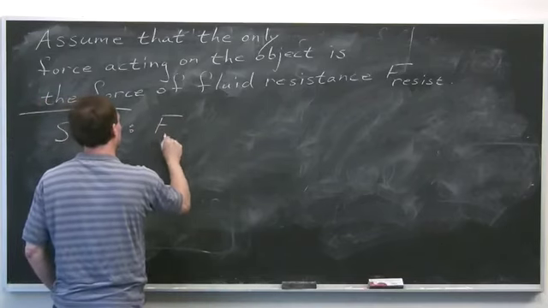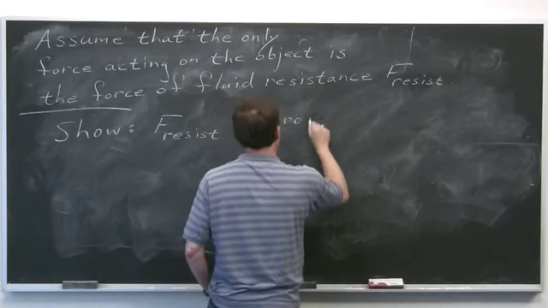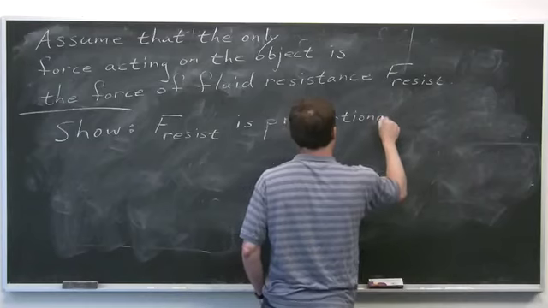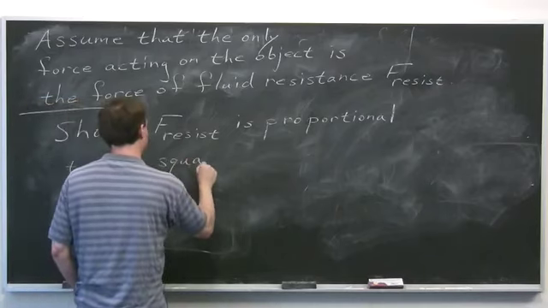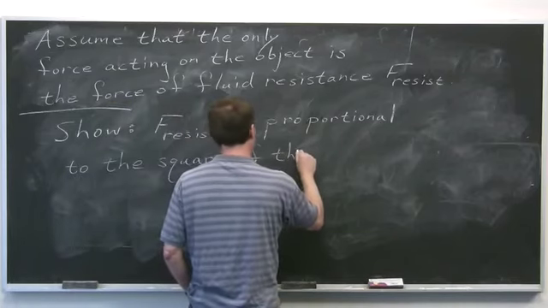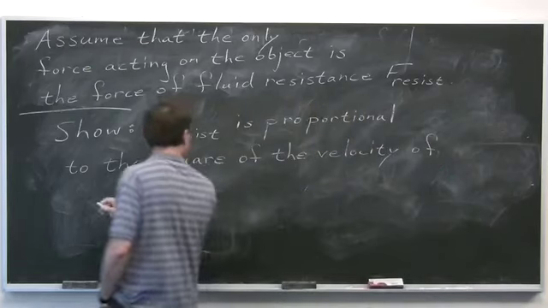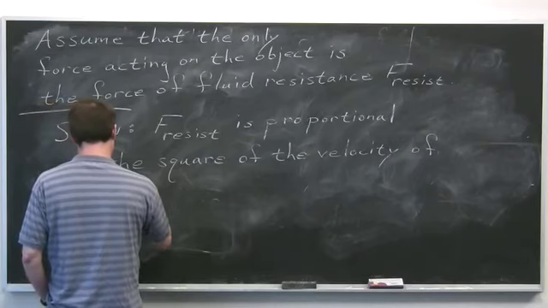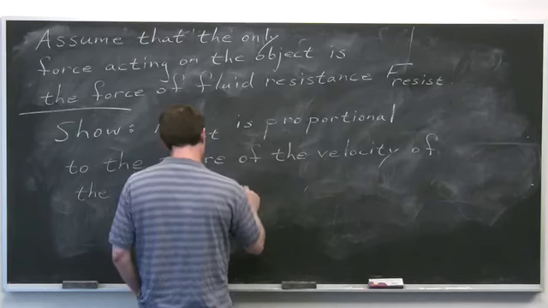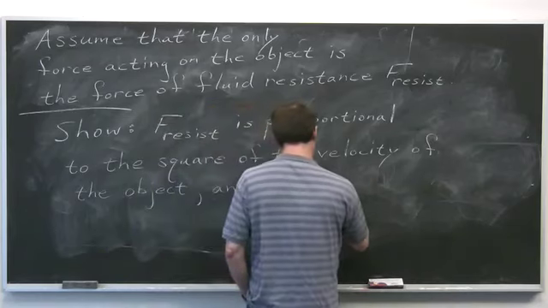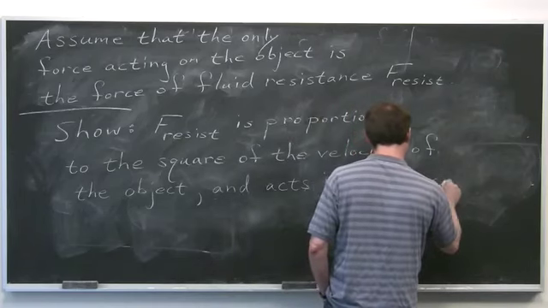Show the force of resistance is proportional to the velocity squared, so proportional to the square of the velocity of the object, and acts in the direction that opposes the motion.